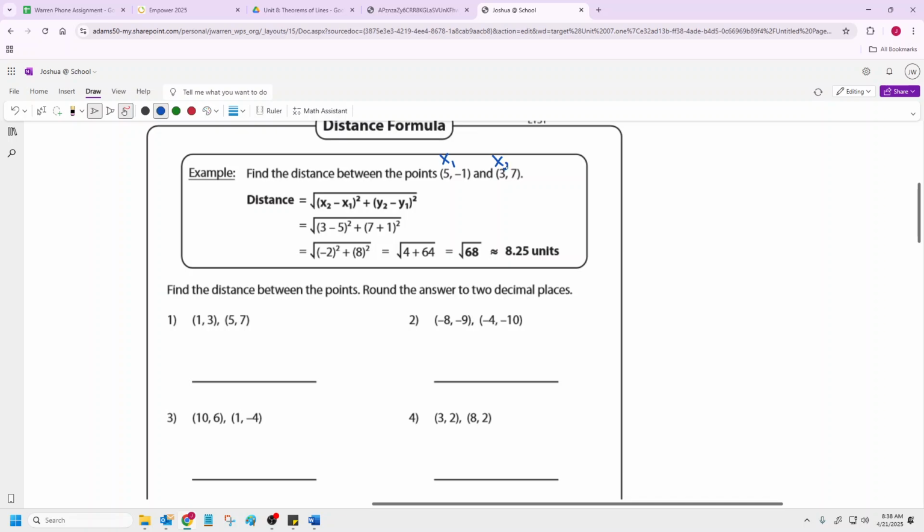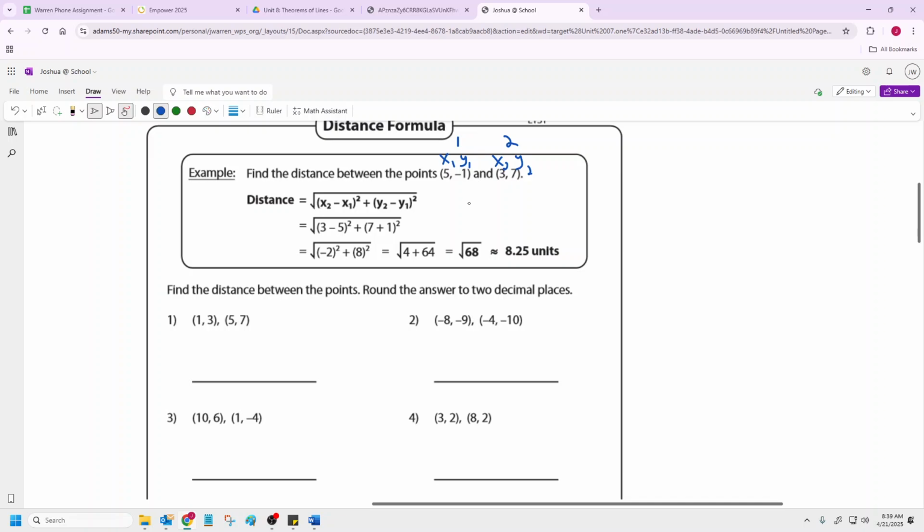How do I know that? Y'all, because this is the first point and this is the second point. So this x1 refers to the first x coordinate of the first point. The second one, or the y1, is this, and then the y2 is this. So it's just referring to x and y coordinates, but it's specifically saying we want the x from the second coordinate.